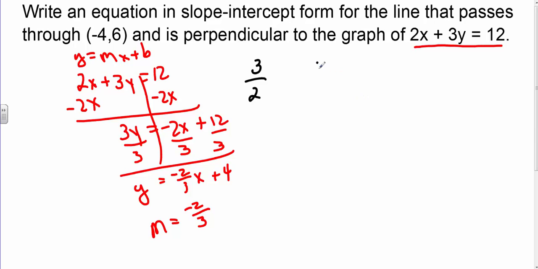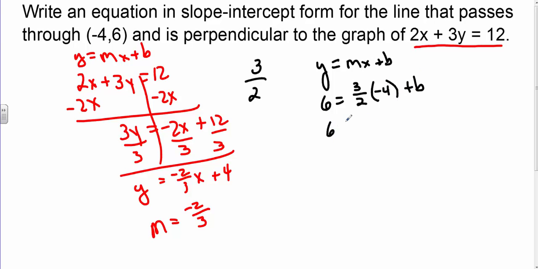So we go y equals mx plus b. The y coordinate is 6. The slope is 3/2. The x coordinate is -4. And then we go plus b. So we've got 6 equals 4 divided by 2 is 2, times 3 is 6.